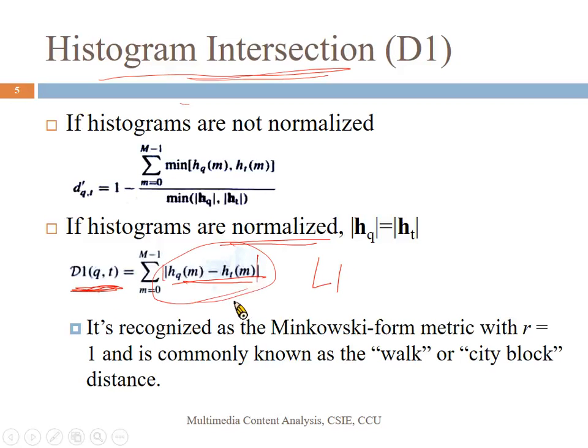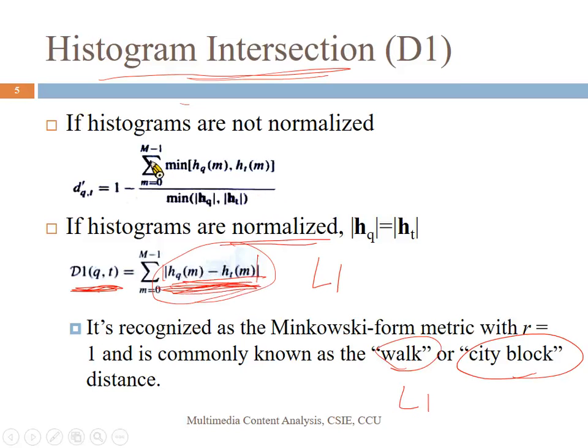It's a special case of Minkowski form matrix with r equal to 1, and it's commonly known as the walking distance or city block distance or L1 distance, because this distance definition is equal to the L1 distance. Okay, so we simply take the difference between them bin by bin.